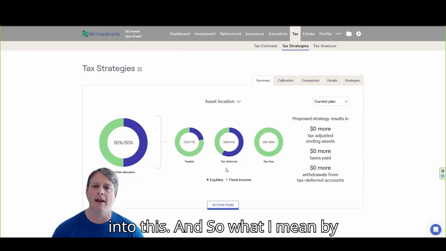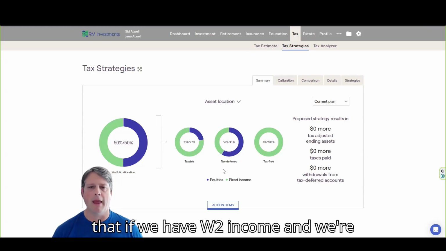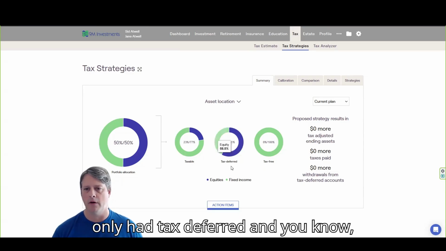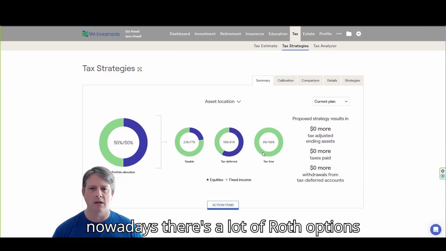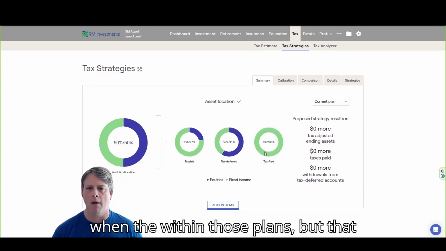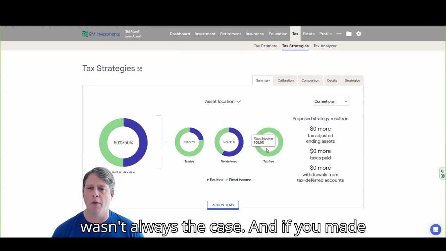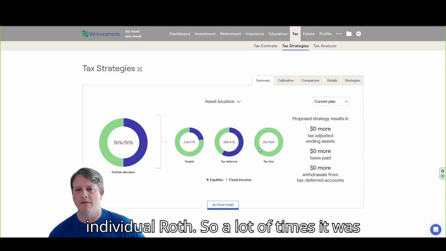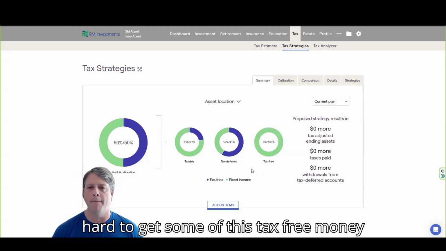What I mean by that, if we have W-2 income and we're saving into a 401k, well, maybe they only had tax deferred. And nowadays there's a lot of Roth options within those plans, but that wasn't always the case. And if you made too much money, you couldn't put into individual Roth. So a lot of times it was hard to get some of this tax-free money built up.